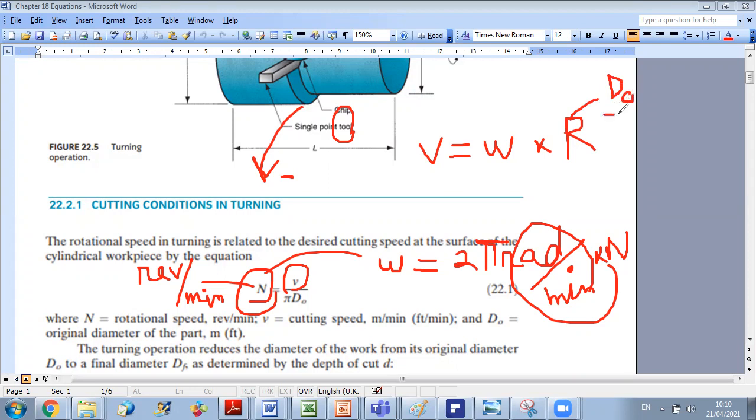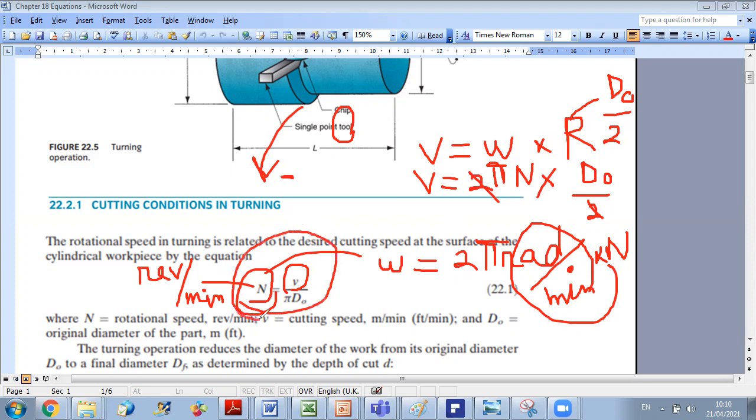If we replace omega by 2 pi n, then v is equal to 2 pi n times d0 over 2. We simplify the 2, and the velocity is pi n d0. Therefore, we can find n as a function of v and d0: n equals v over pi d0.